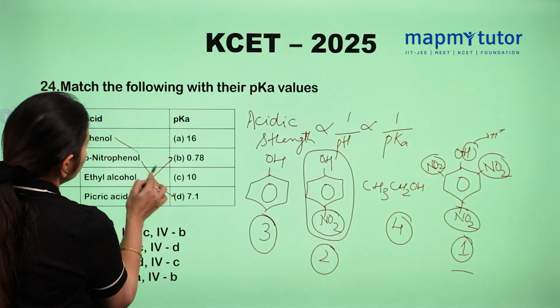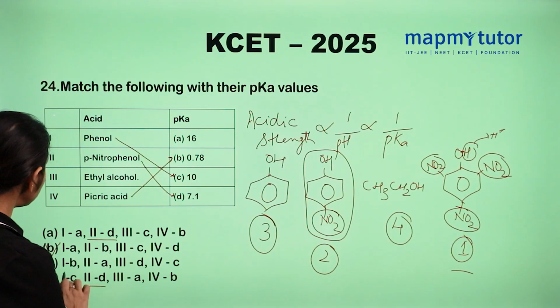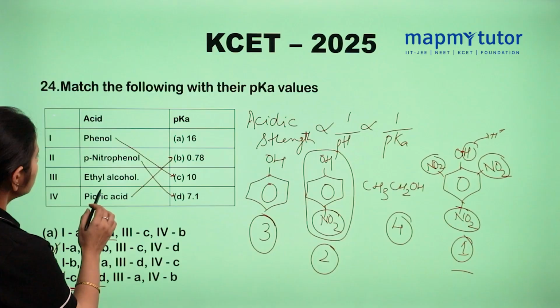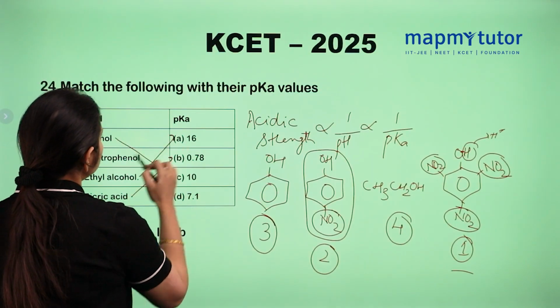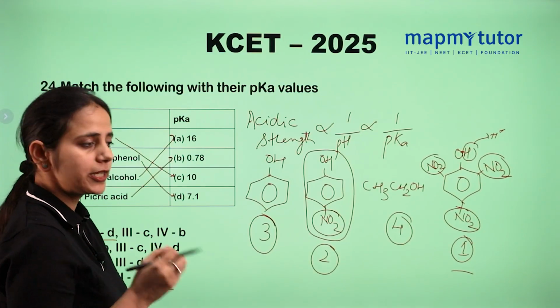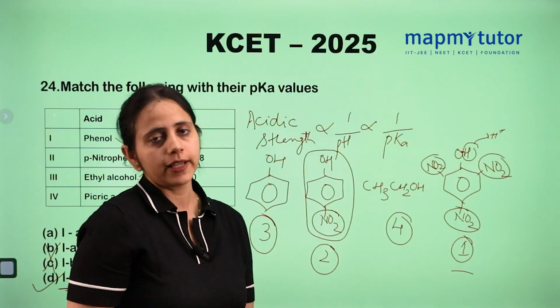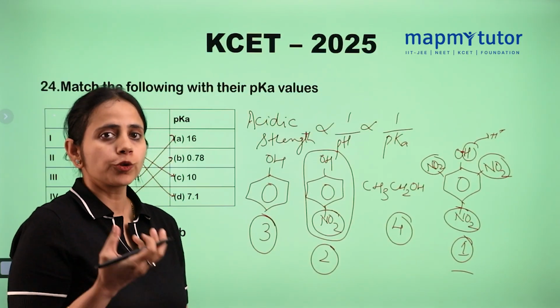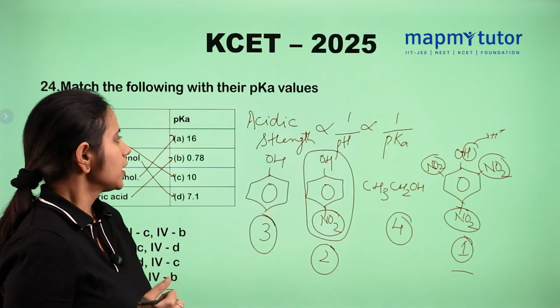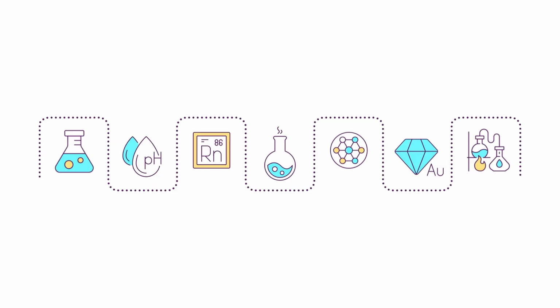Phenol will be 10, so 1 with C. So D is the right answer. And ethyl alcohol has the highest pK value, that is 16, so it matches with B. So D is the right answer. Please remember that picric acid is one of the strongest acids because of the 3 nitro groups present in it, and acidic strength is inversely proportional to the pK values.